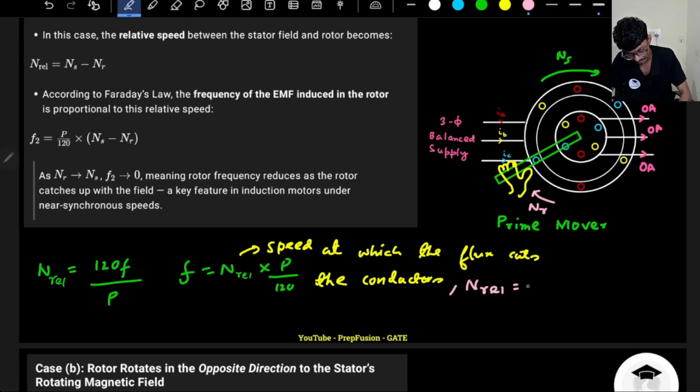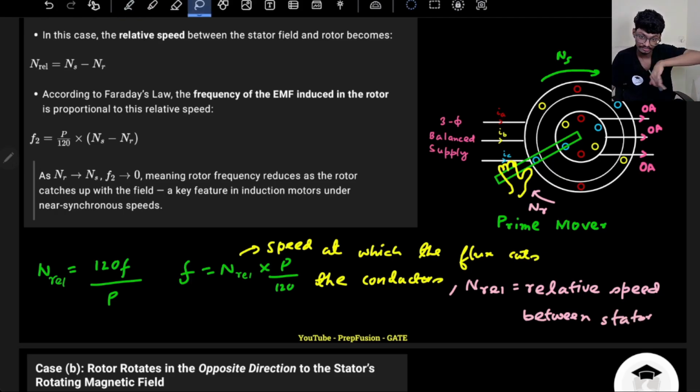N relative is the relative speed between the stator magnetic field and the rotor, because the stator magnetic field will cut the rotor.